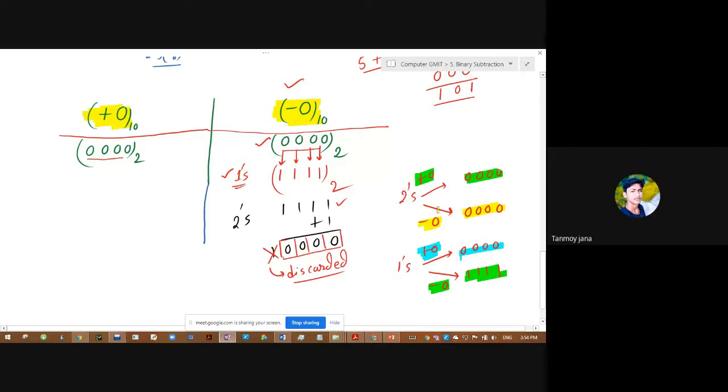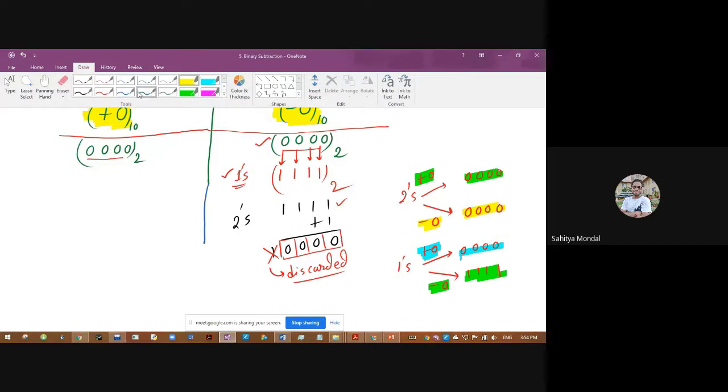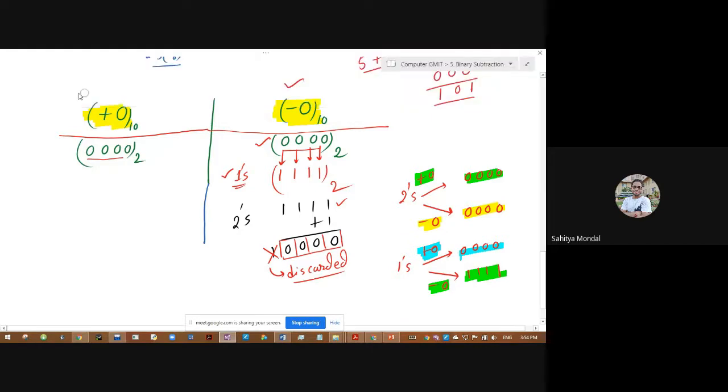Yes, sir. Now tell me, forgetting about computers, can we write in our mathematics that plus 0 equals minus 0? Yes, sir, it is true.